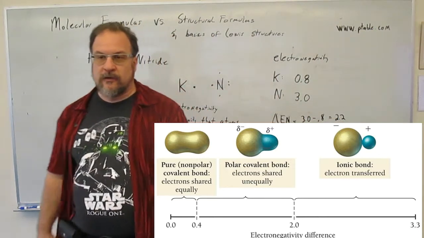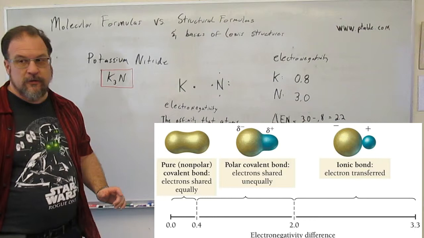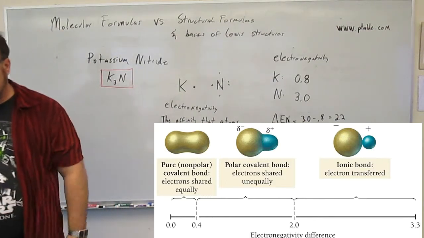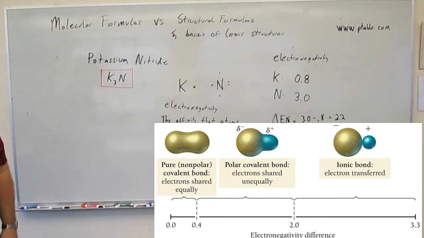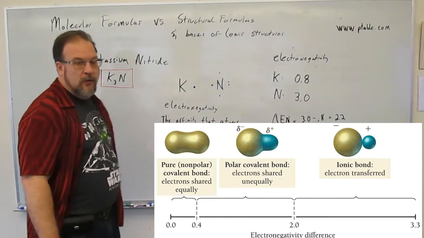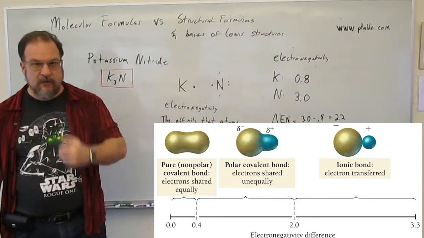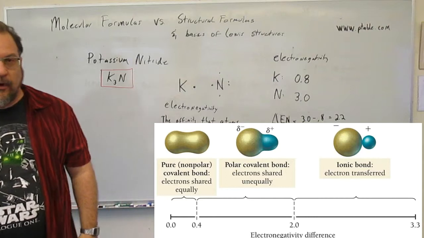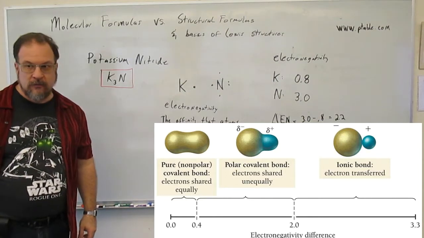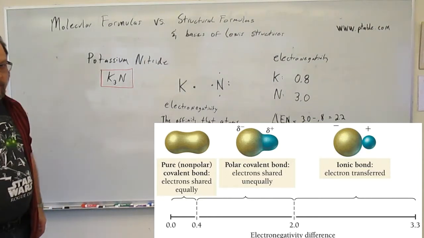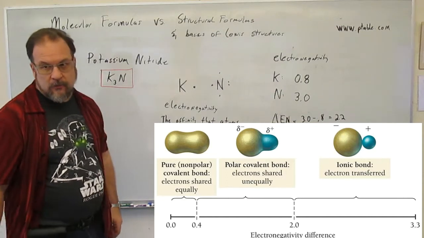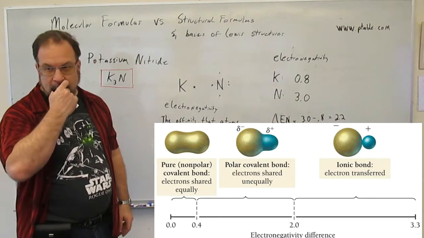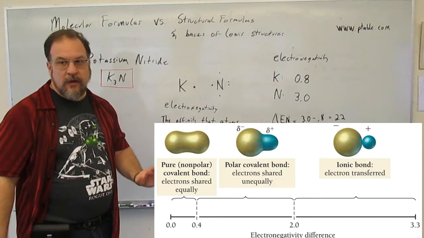Now I also want to say one thing. The chart that I showed you is from a specific book. Those electronegativity difference charts vary depending upon what chemistry book you have. So get familiar with the one that's in your textbook. I'm showing you the one that I'm using. They're slightly different.